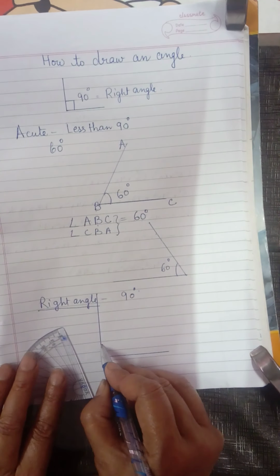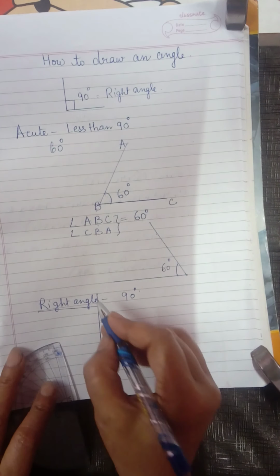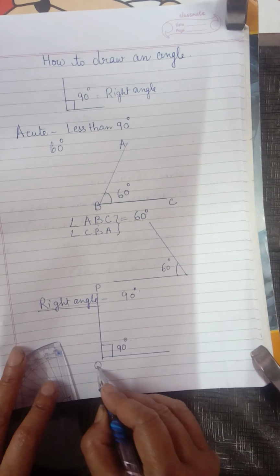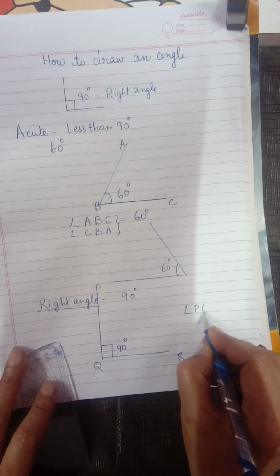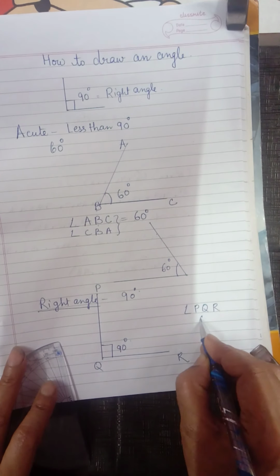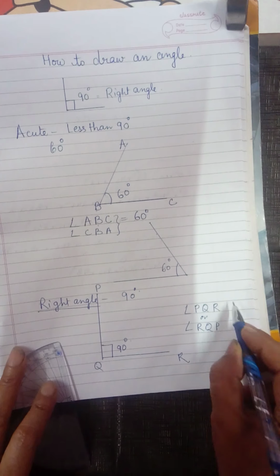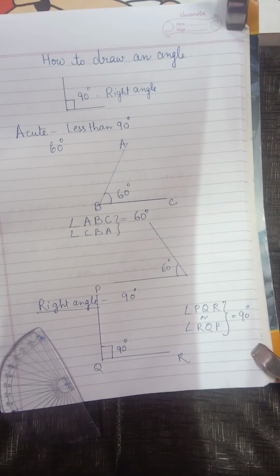Now this angle is of 90 degrees and you can give the name PQR. So you will write angle PQR or angle RQP is equal to 90 degrees equal to right angle.